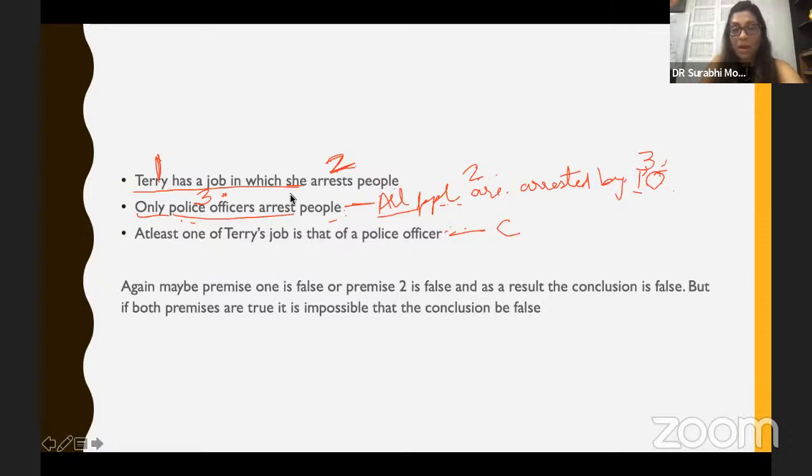So what is the middle term? Arrest people. We remove arrest people. Are we drawing the conclusion between term 1 and term 3? Right? We are drawing a conclusion between term 1 and term 3. So this is also a valid syllogism.